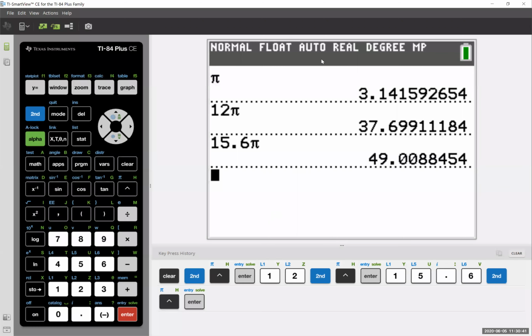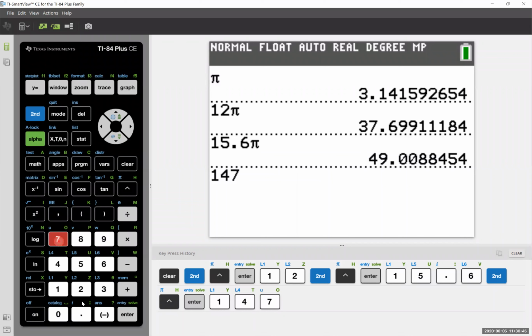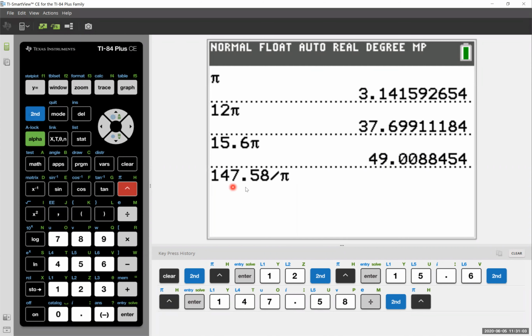So we're entering that in. We have 147.58. And then we are dividing by pi. So again, that's top left. We need to go to the second option. And then the far right-hand side column, second one down, pi. 147.58 divided by pi.